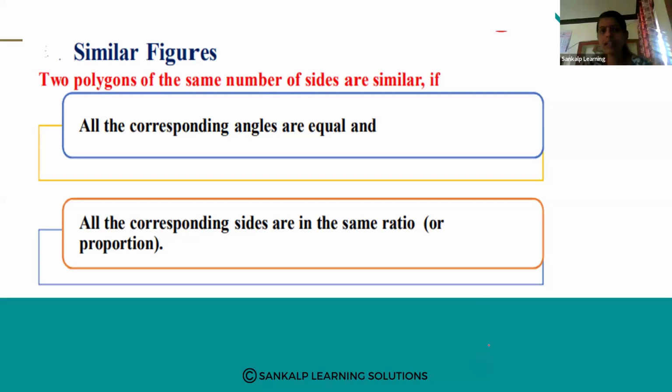Then only you can say that two figures are similar, right? So understood what I am telling? Two polygons of the same number of sides are similar if all the corresponding angles are equal and all the corresponding sides are in the same ratio, or in the same proportion, you can say.